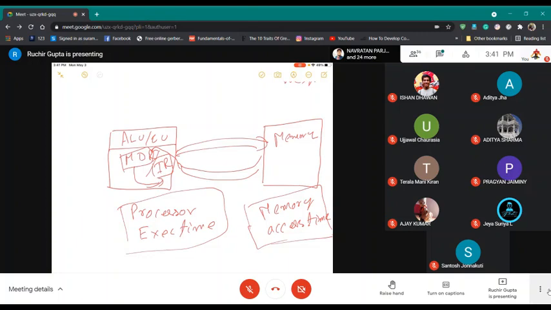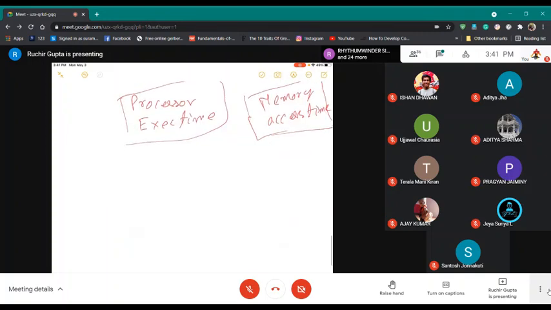But because memory access time is high and processor execution time is low, this memory access time acts like a bottleneck for the whole system. So even if you can run faster, you cannot, because you are not able to get memory faster. You're getting my point?